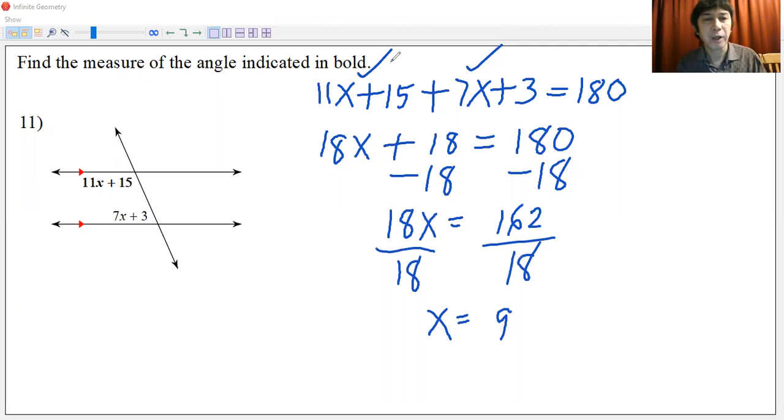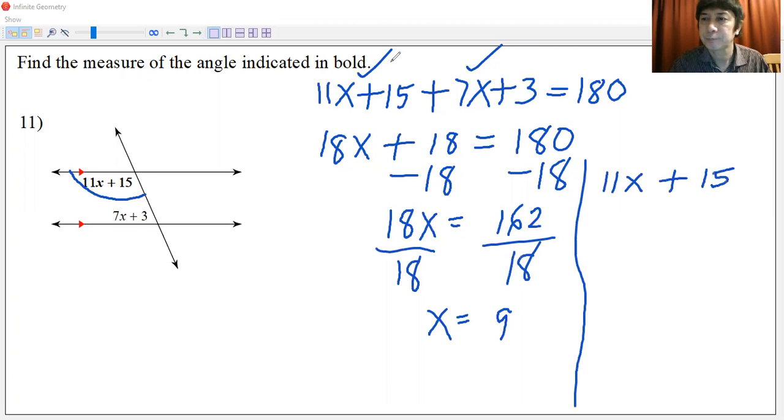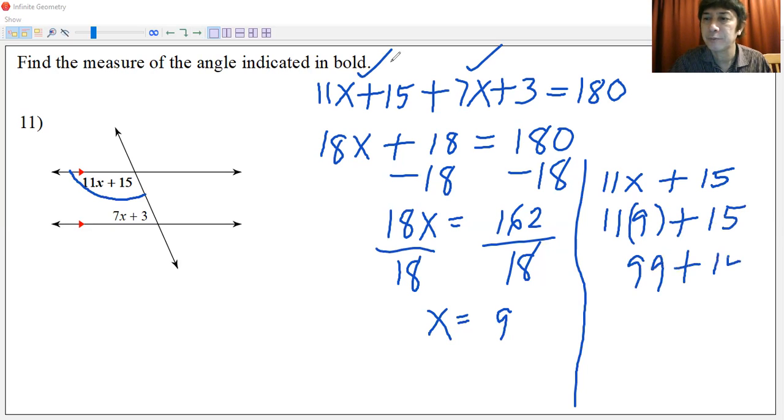So x equals 9 can now be used in the expression 11x plus 15. This is the required one there. So we have 11 times 9 plus 15, and we have 99 plus 15.